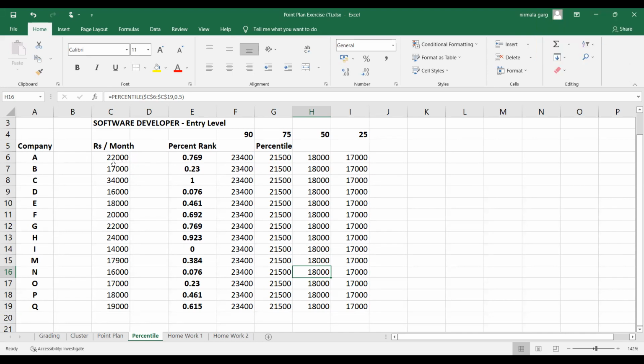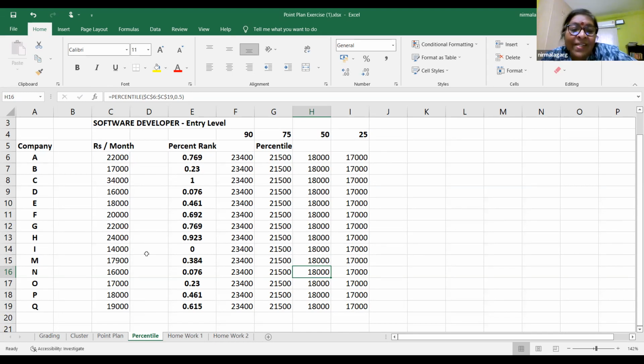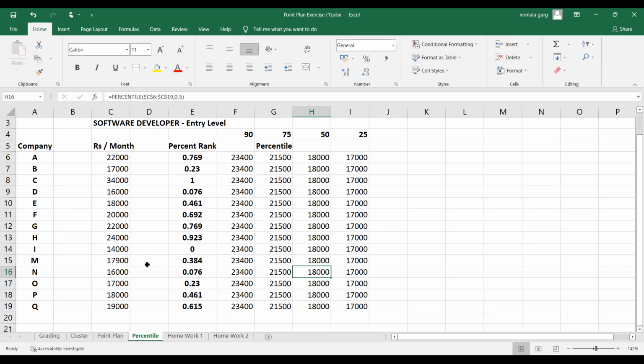Now next, what will I do? Now you have to calculate percentile. How will you calculate percentile?